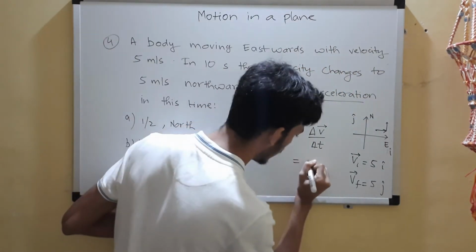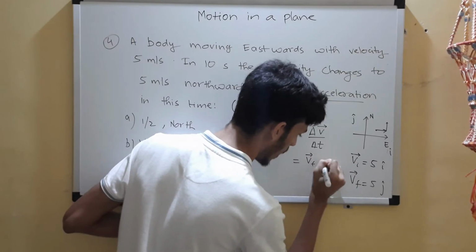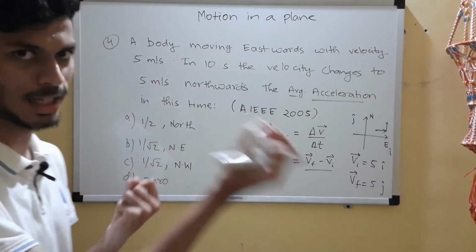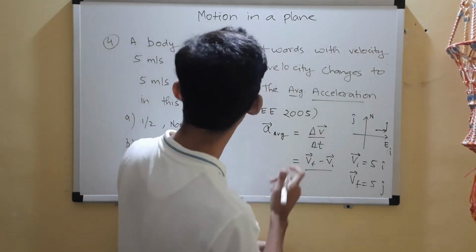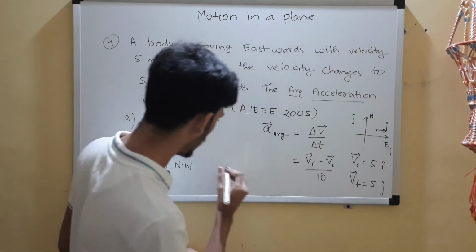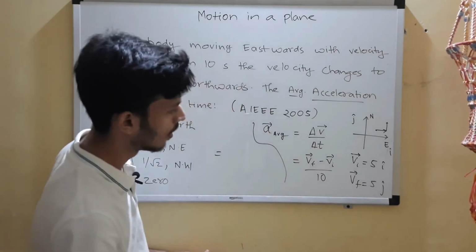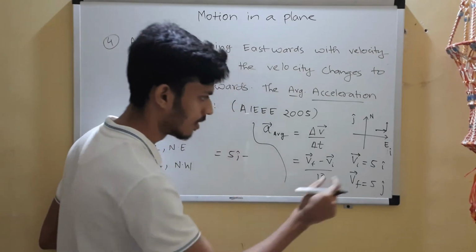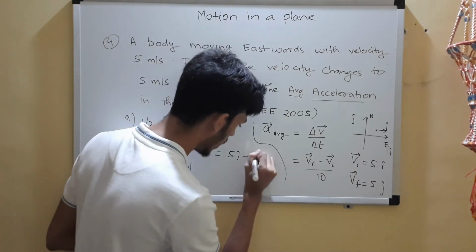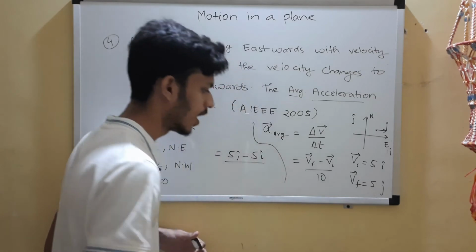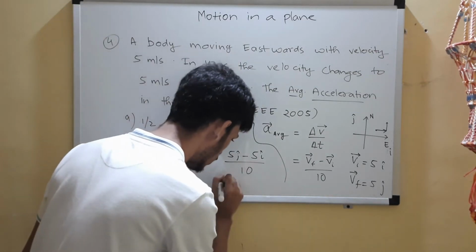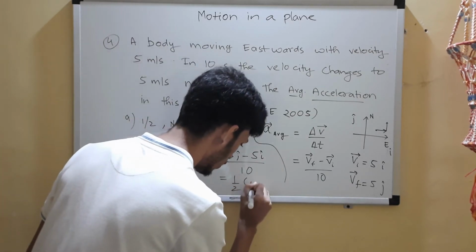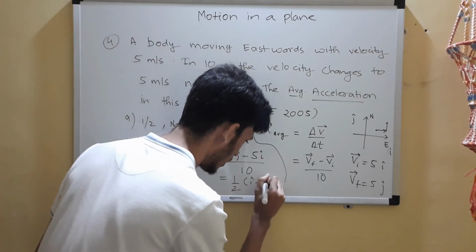So can you write this delta v as v final minus v initial? Change is final minus initial, and time is 10 seconds, right? Let's solve it. v final is 5 j cap and minus v initial is 5 i cap, and we have 10, so I'll take 5 common and cancel, so we'll get this thing.